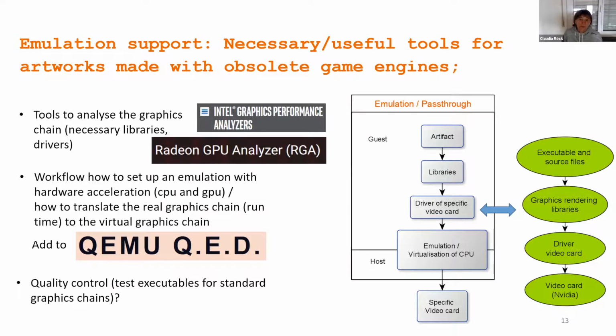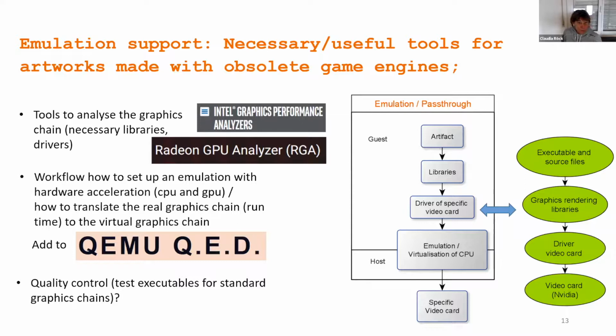I found that there are some tools, but I've never tried them. I'm quite curious what you think about them and whether you tried these or other ones. For instance, the Intel Graphics Performance Analyzer or the, I don't know how to pronounce that, Radeon GPU Analyzer.